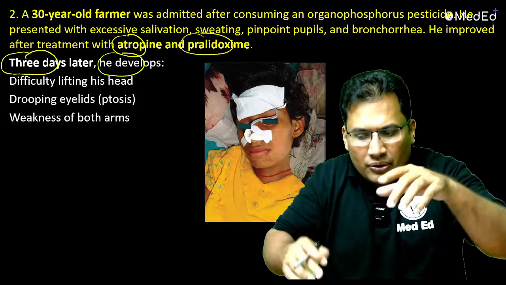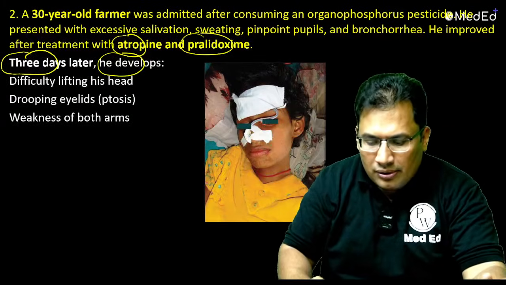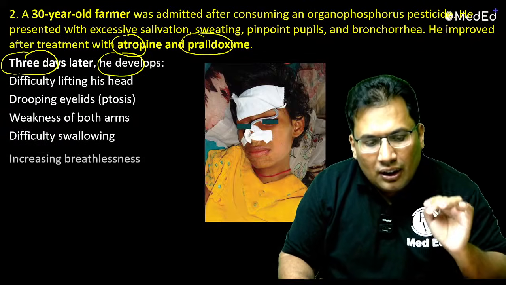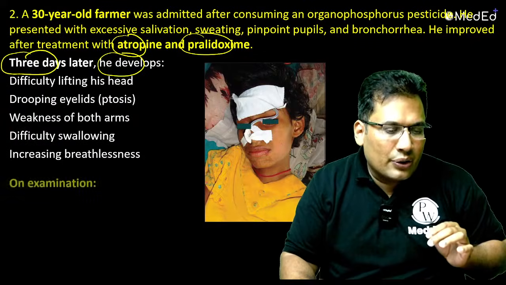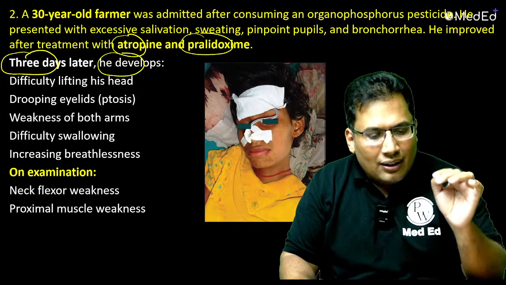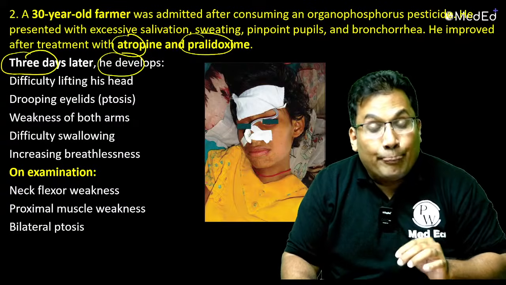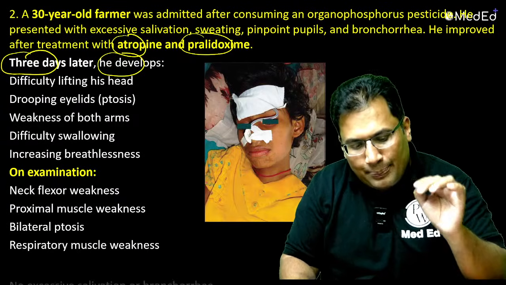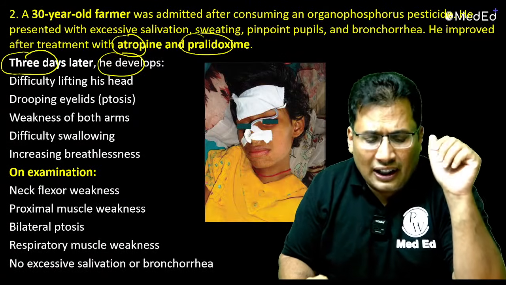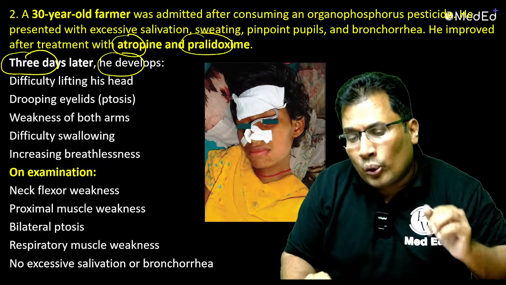Weakness of both the arms, difficulty in swallowing, dysphagia, increasing breathlessness. On examination, proximal muscle weakness, bilateral ptosis, respiratory muscle weakness is there. But no excessive salivation, no excessive bronchorrhea.